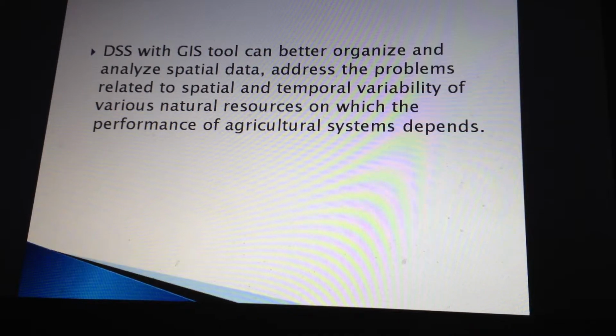DSS with a GIS tool can better organize and analyze spatial data, and address the problems related to spatial and temporal variability of various natural resources on which the performance of agricultural systems depends.